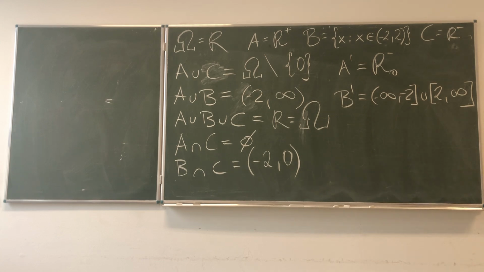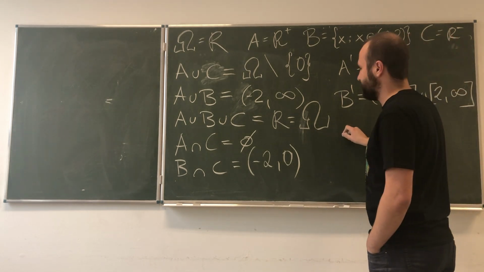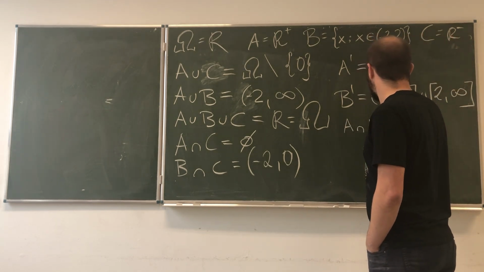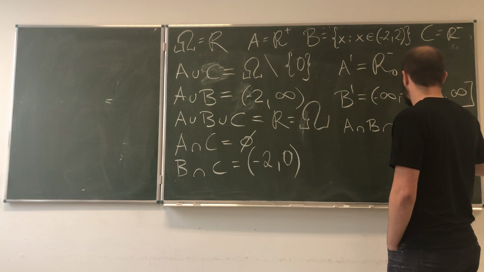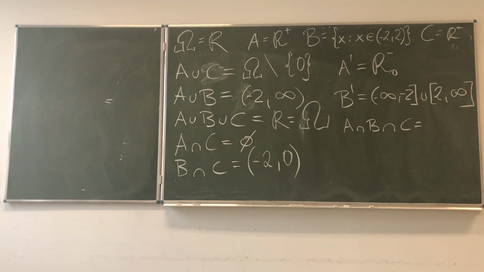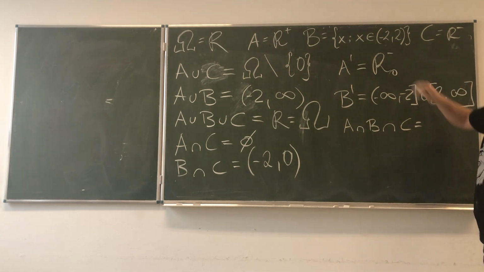Okay, we've made those. Now maybe what is the common part, the intersection of A, B, and C? Look, here we've got negative real numbers as C, positive real numbers as A, and this.